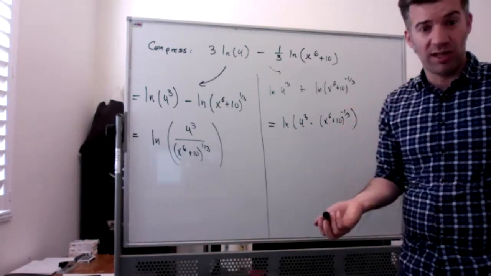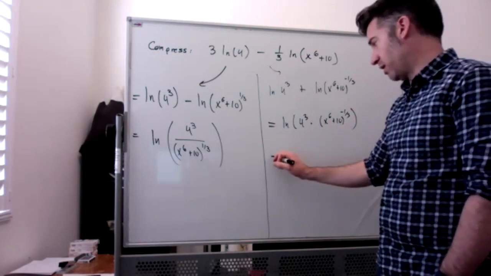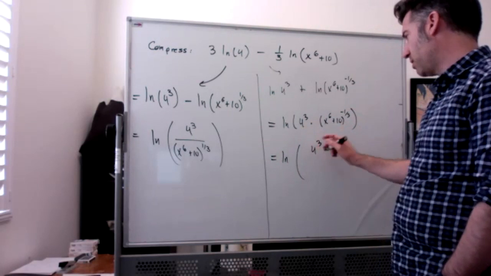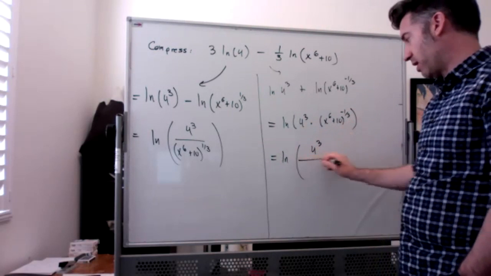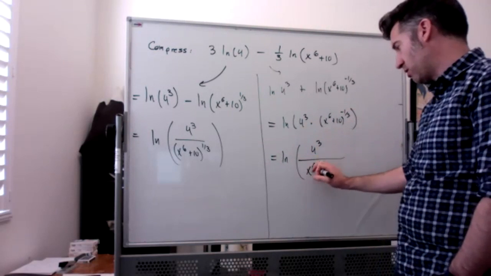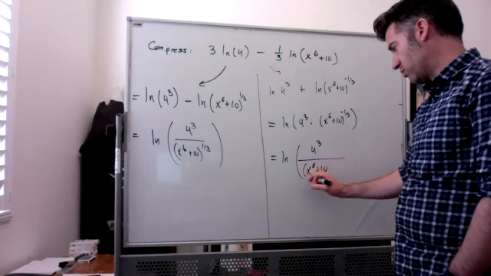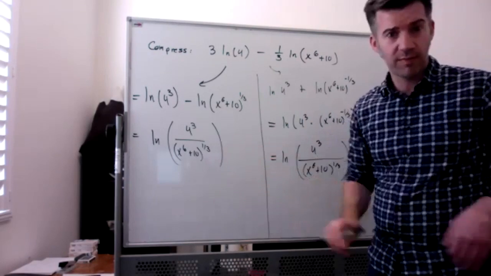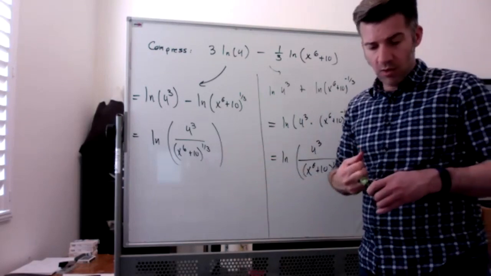And then if you didn't want to have negative powers, you could rewrite this as the natural log of 4 to the 3rd stays on top. With this negative 1/3 power, we bring that whole expression to the denominator and we change the negative power to a positive power. And you get the same thing either way. Why do we do this?